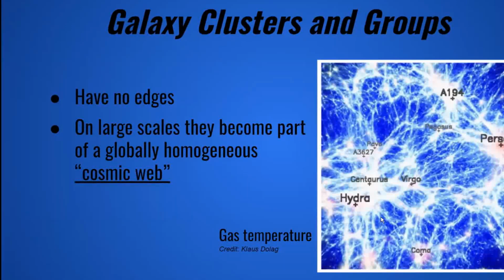The problem with groups and clusters is that they are very difficult to define because of the large scale structure, the filament structure. These filaments are made of galaxies that join together different clusters, for example. So who's to say where one finishes and the other one starts?